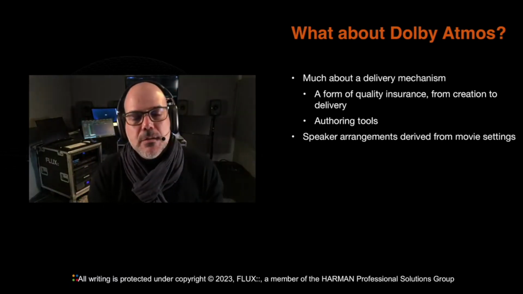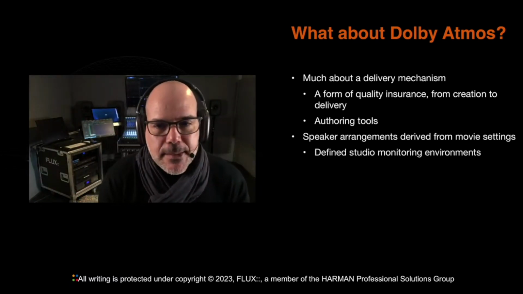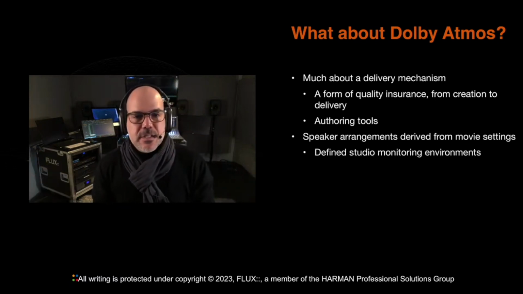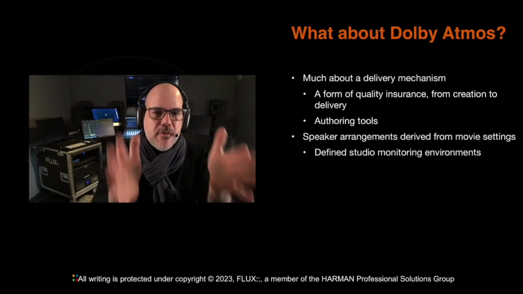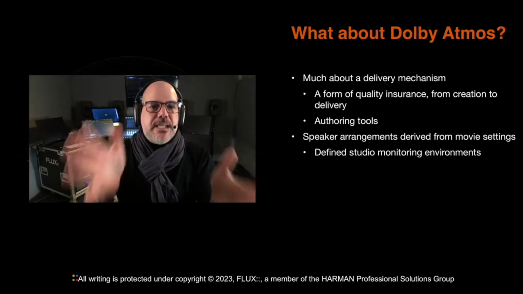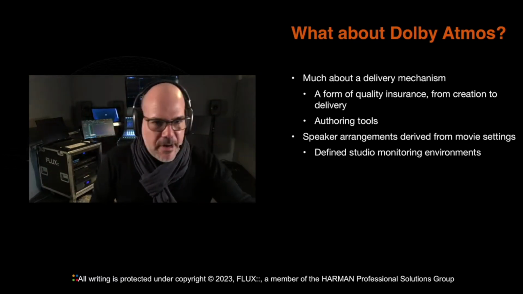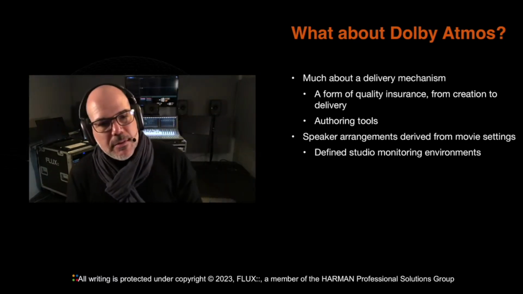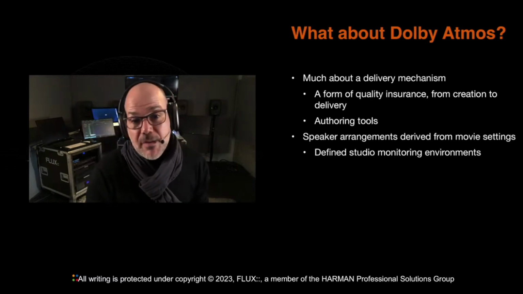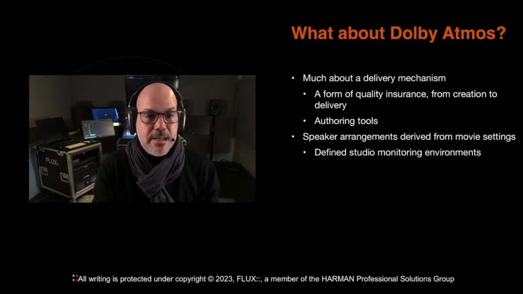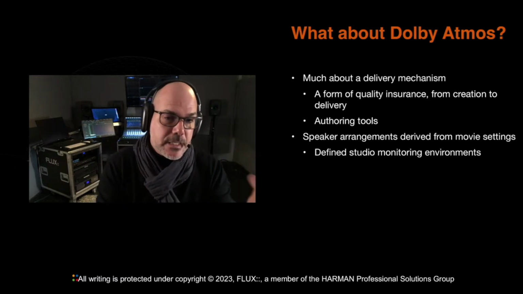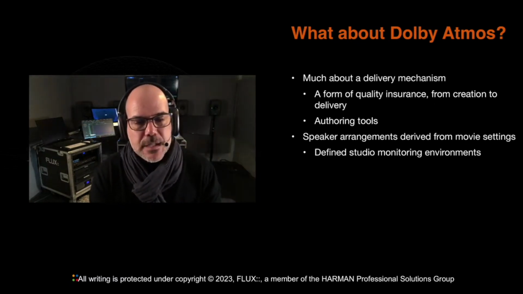Now, those settings are the same deal for studio monitoring, very much standardized, the 7.1.4, 5.1.4, the typical arrangements. We see quite a bit of 5.1.4 and 7.1.4 right now as monitoring environments. 9.1.6, 9.1.4 is increasing as well.